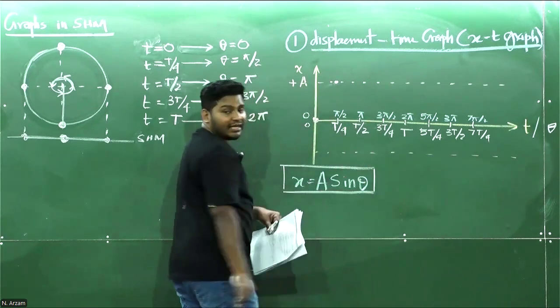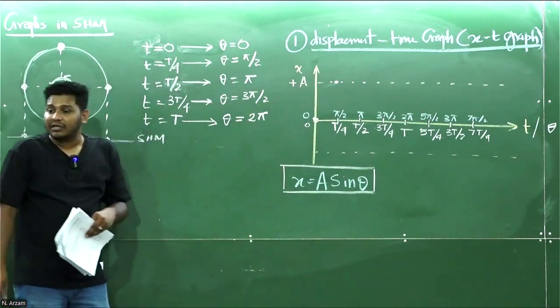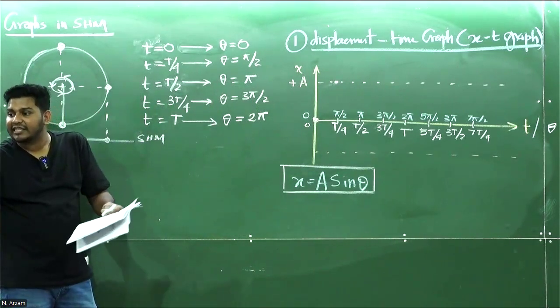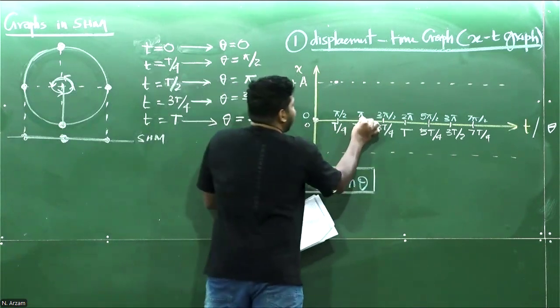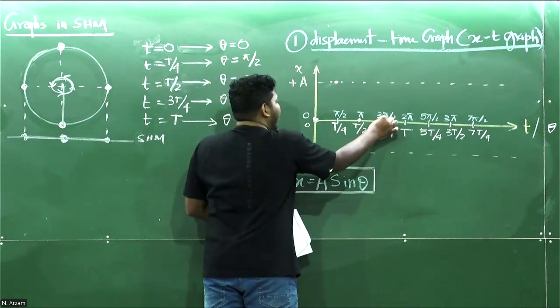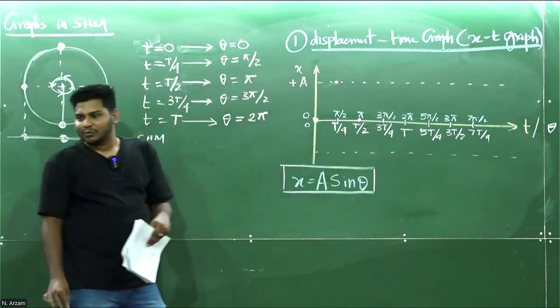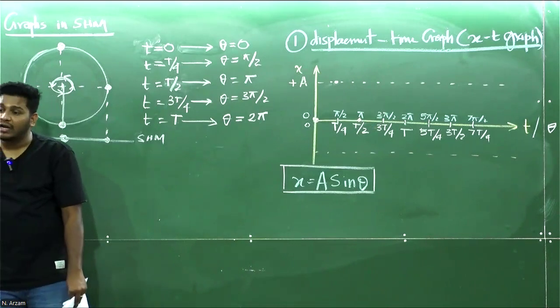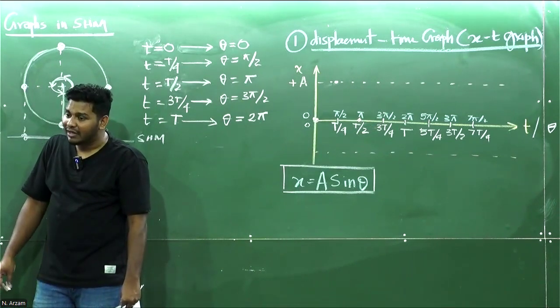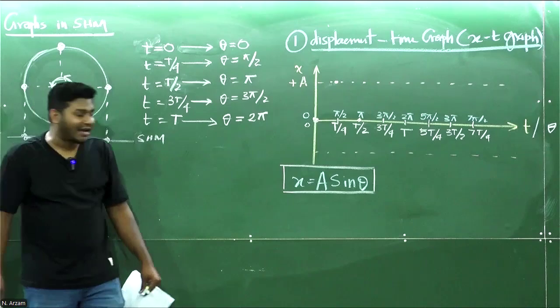What about sine pi? Sine pi is equal to sine 180 degree, which is 0. So if it is 0, x is equal to 0. What about sine 3 pi by 2? Sine 270 degree, what's the value? It's minus 1.